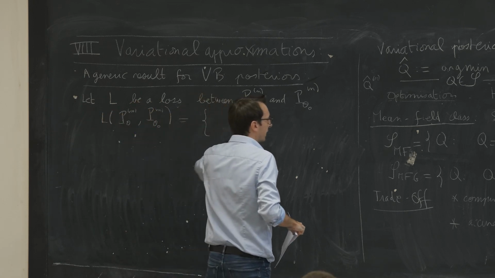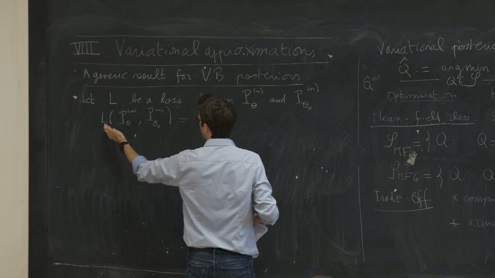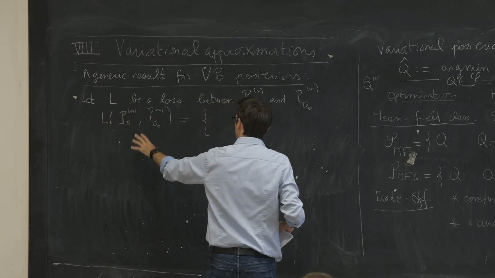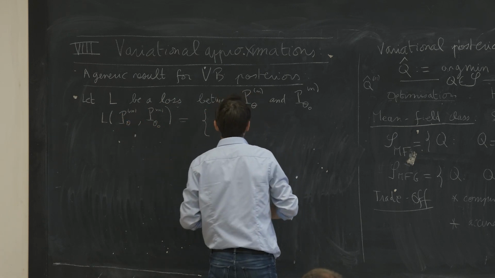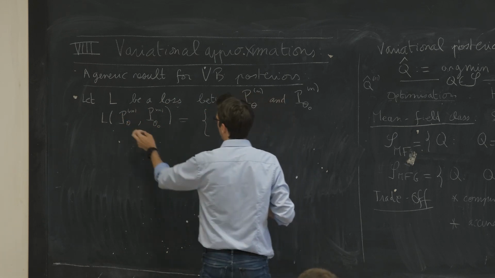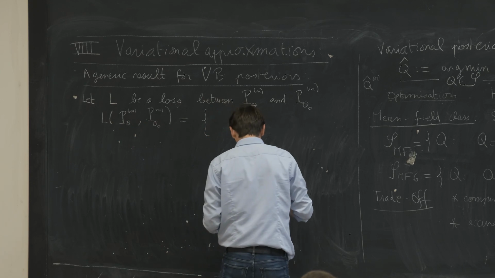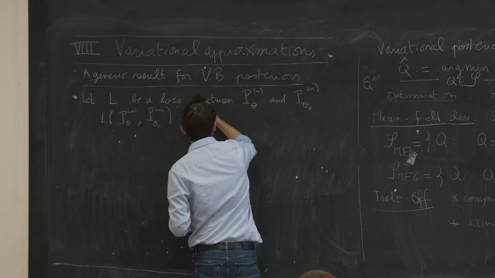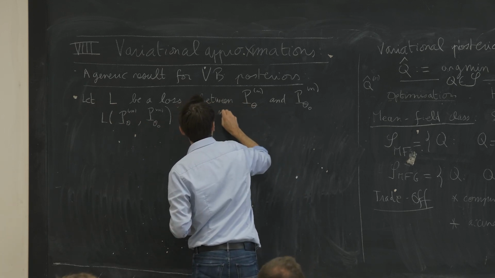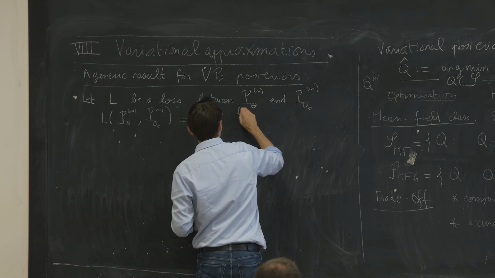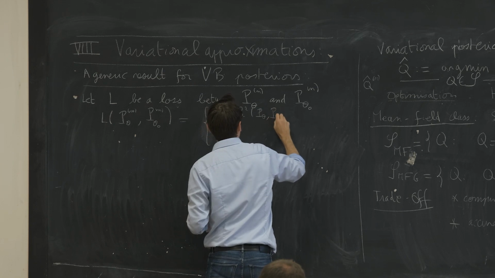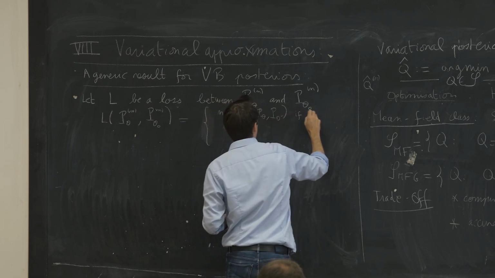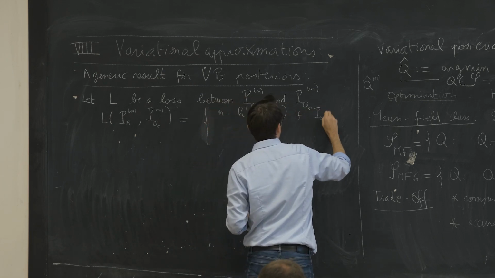If we have IID data, for instance, and your loss is the Kullback loss, it will tensorize and you will get n times the loss for the individual P theta naught. That's why there will be some n factors showing. That's just the normalization. So here, for instance, something like this, if we have IID data.